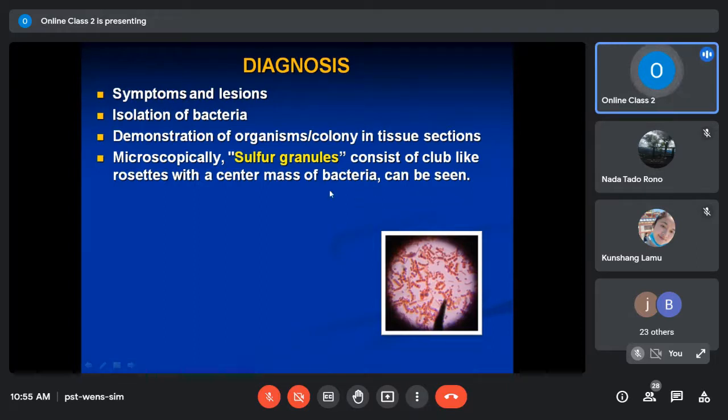If crushed between two slides and seen under the microscope, you'll find those sulfur granules consisting of Indian club-like or ray fungus-like structures, and in the center you may demonstrate the presence of the gram-positive organism, Actinobacillus.